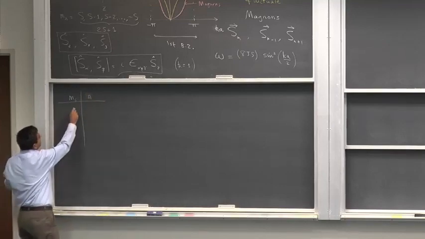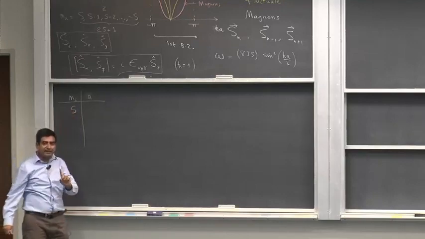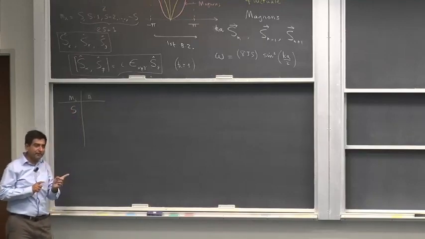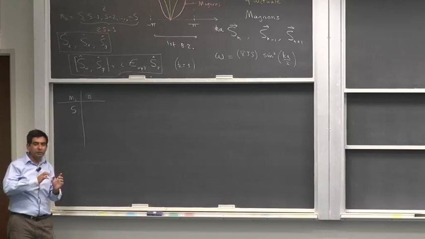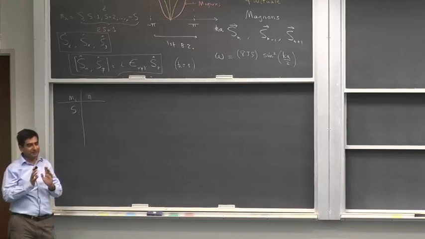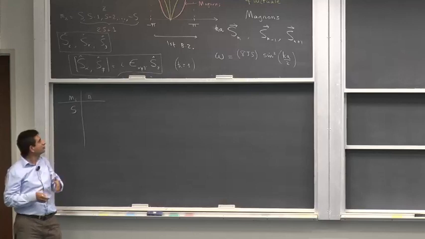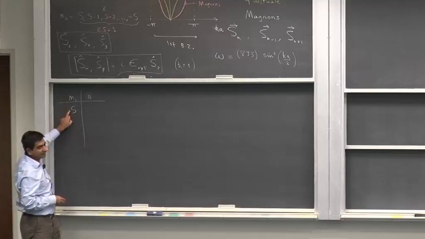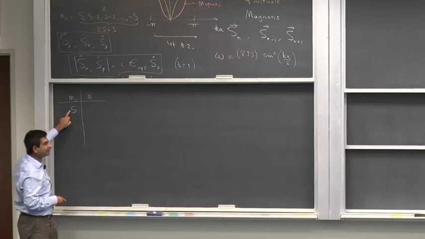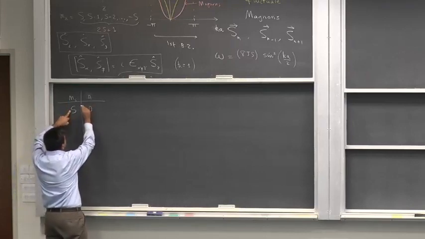If ms equals S, then the projection of the spin is wholly and solely the angular momentum, which means that the spin is in its ground state and no Magnons are excited. So corresponding to an ms equal to S, the number of Magnons that are excited is 0.